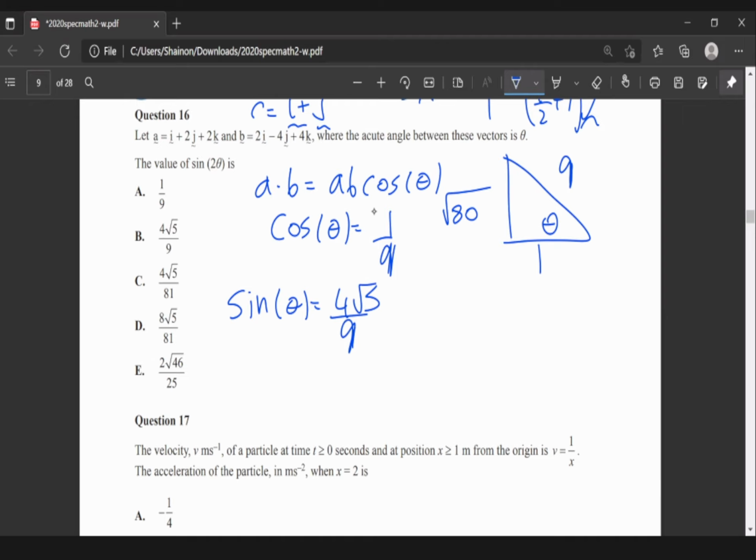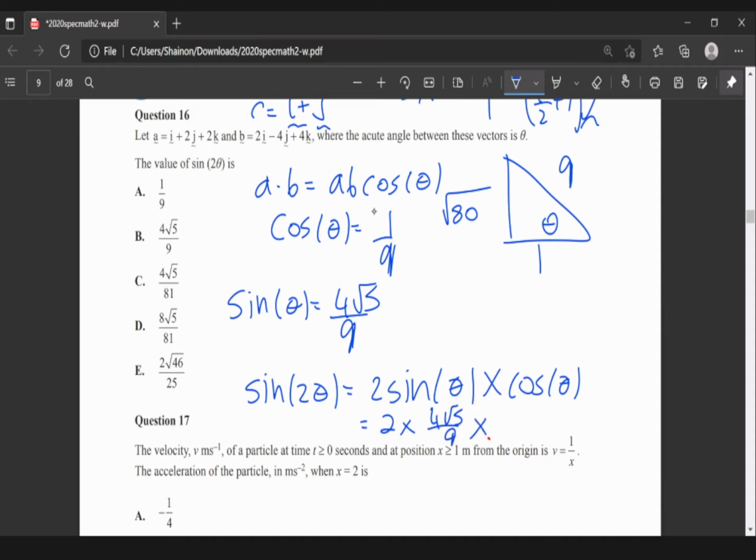Then using the double angle formula, sine 2 theta is just 2 sine theta times cos theta. So 2 times sine theta, which is 4√5/9, times cos theta, 1/9. That's going to be 8√5/81, which is D.